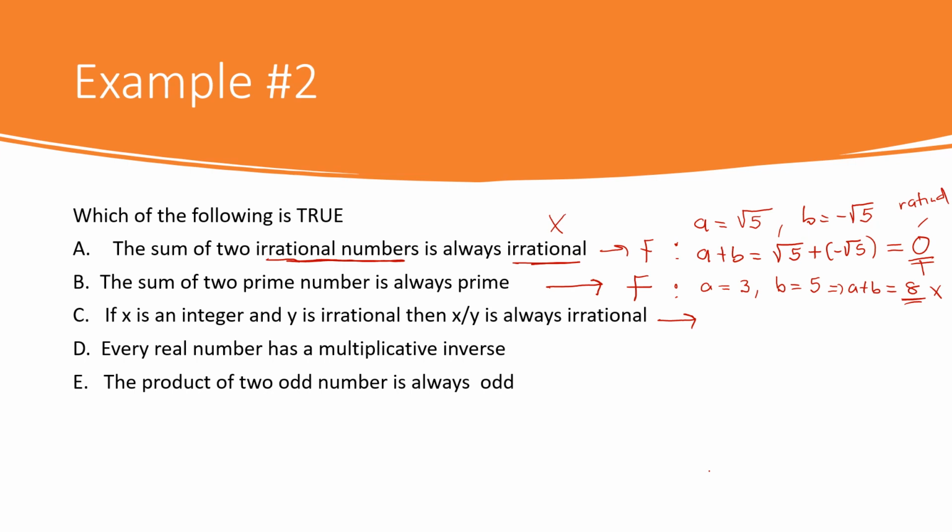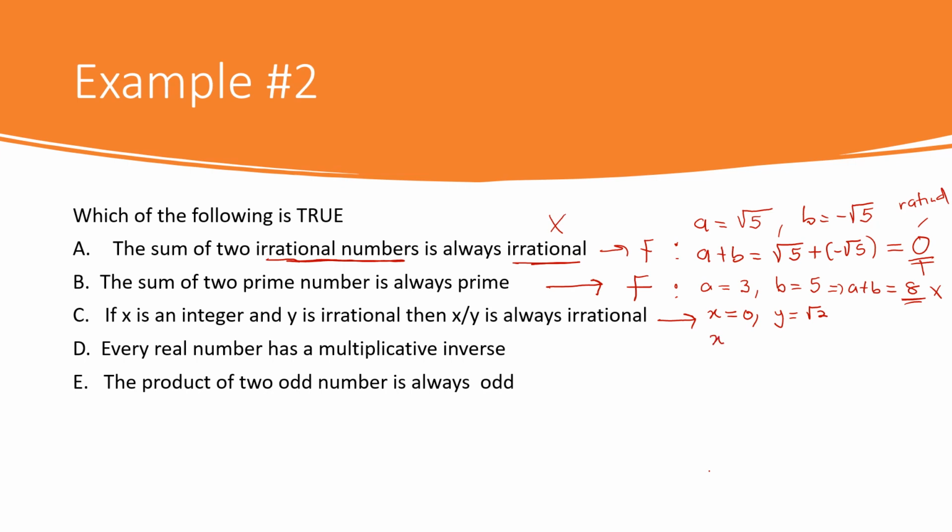Does it mean that x over y will always be irrational? This is also false, because let's assume you take x to be 0 and you take y to be root of 2. So x is 0. 0 is an integer, yes or no? y is root 2.